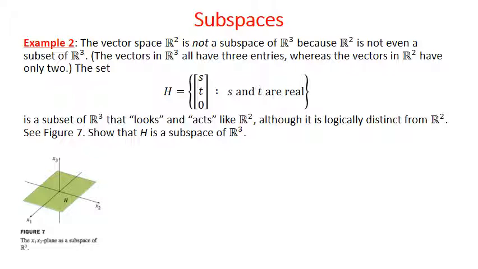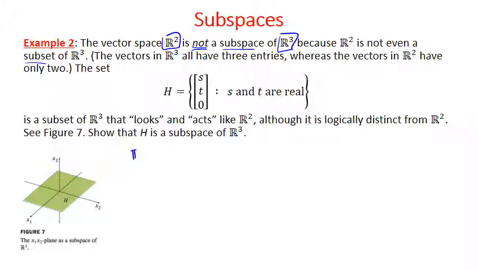The first thing that this says, and you might need a little bit of time to wrap your head around it, is that the vector space R2 is not a subspace of R3 because R2 is not even a subset of R3. It goes on to say that the vectors in R3 all have 3 entries, whereas the vectors in R2 only have 2. So before I go on, I want to explain this a little bit further.